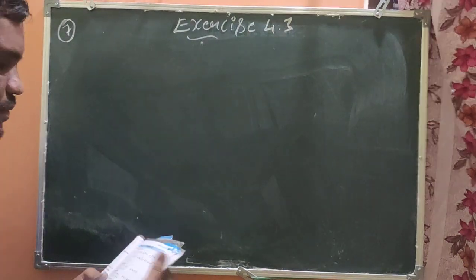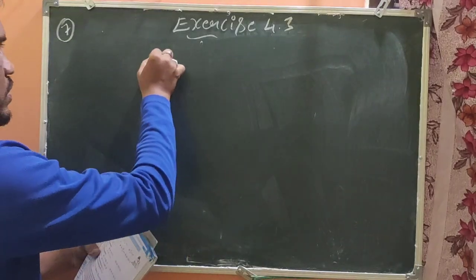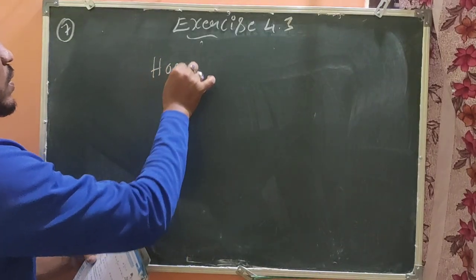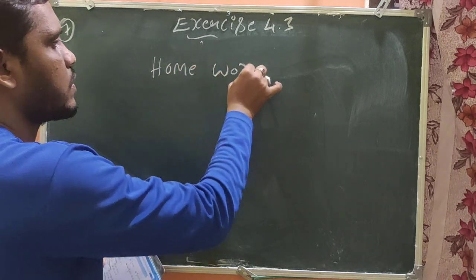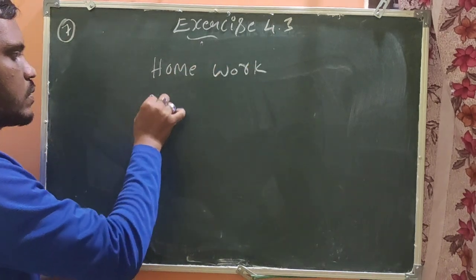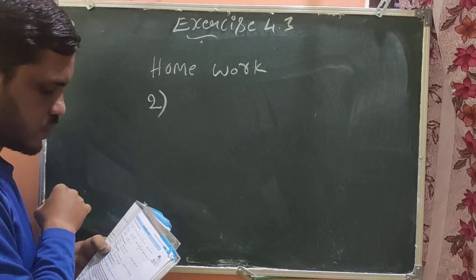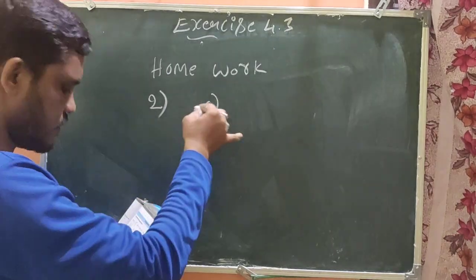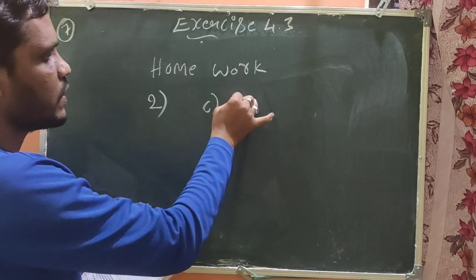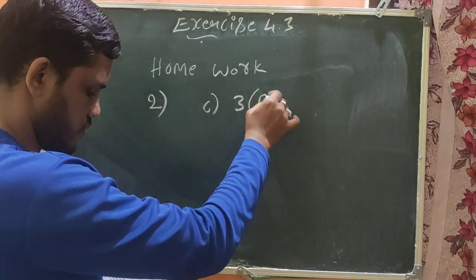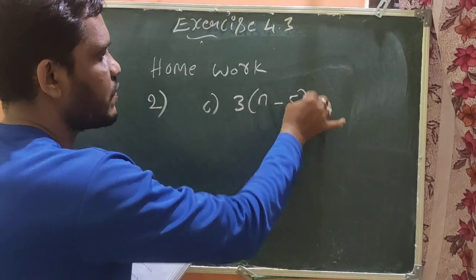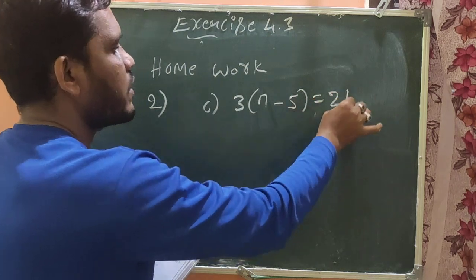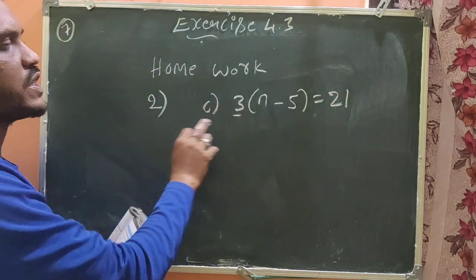For the second one, homework. 3 times of n minus 5 is equal to 21. First you should shift this one.